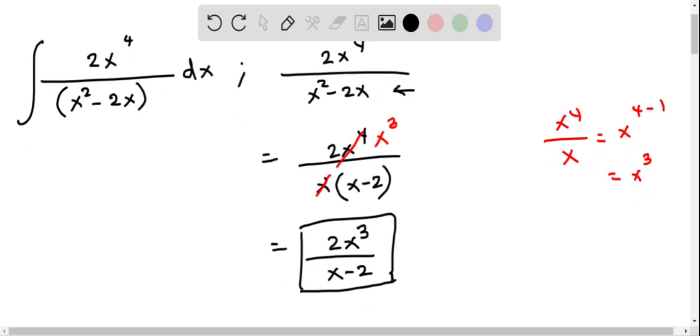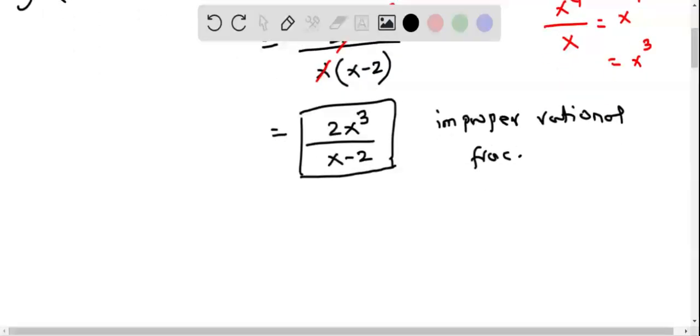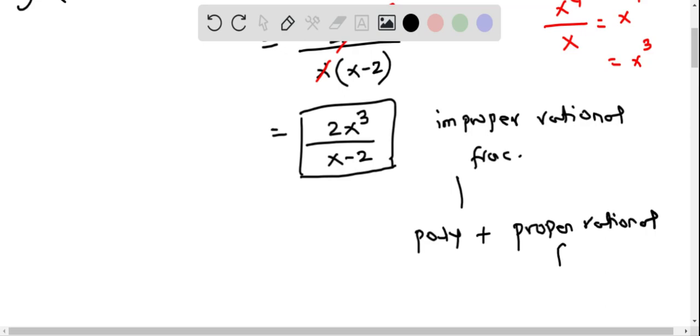However, before we apply the partial fraction method, we see that this is an improper rational fraction. And so we cannot apply partial fractions directly when we have an improper rational fraction. We have to rewrite this as a sum of a polynomial plus a proper rational expression, by the long division method.